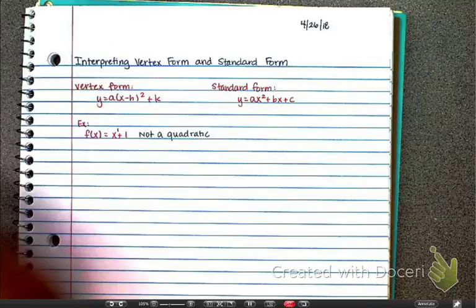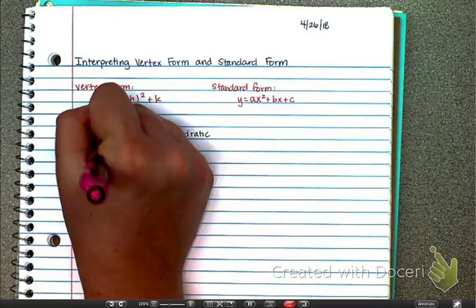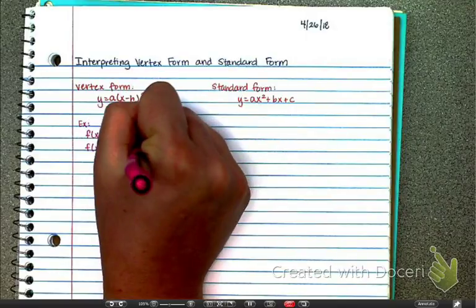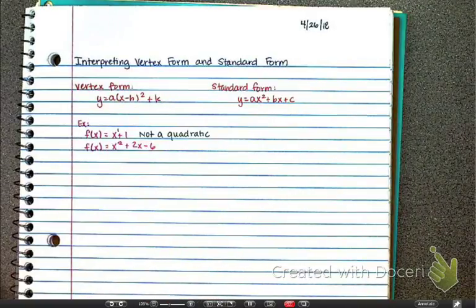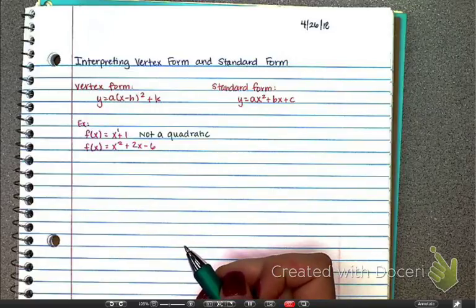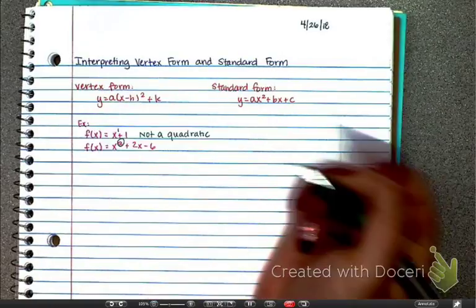What about f of x equals x squared plus 2x minus 6? Yes, the highest exponent is a 2.